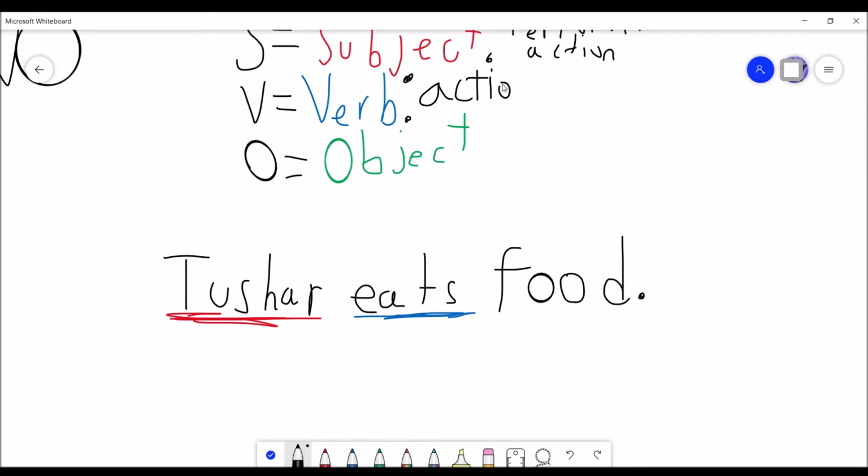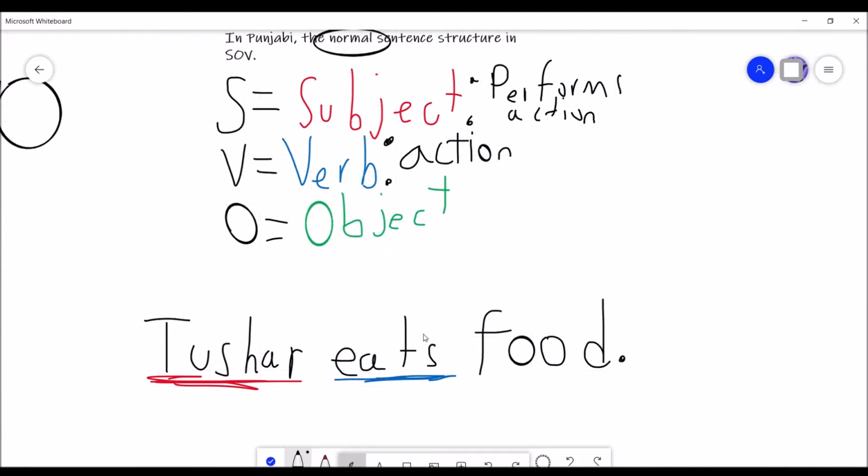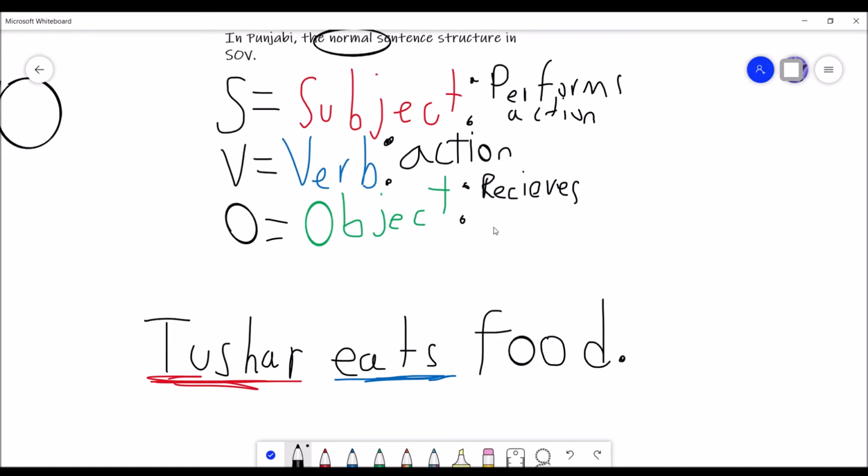And object is the thing that receives the action. So object receives action.